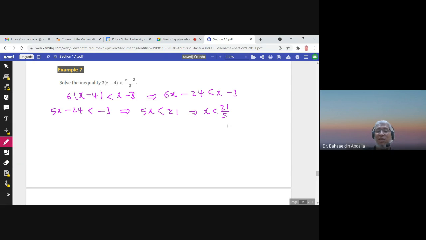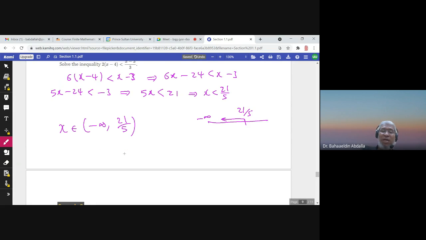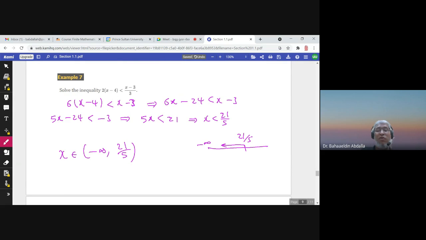So that's the answer. If you want to write it in interval notation, the solution is x belongs to from -infinity to 21/5, open. So you can check your answer. You can replace x by any number here. For example, 0.